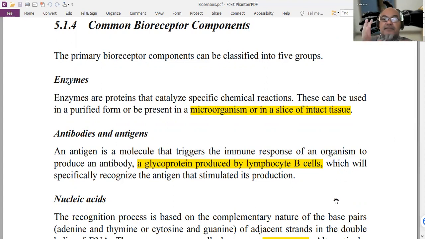However, if you require a certain specific metabolism, like in a whole cell or tissue, then we can use the whole cell. Then maybe the interaction of the analyte will go through several pathways, several steps of reaction with multiple enzymes within that whole cell or tissue.